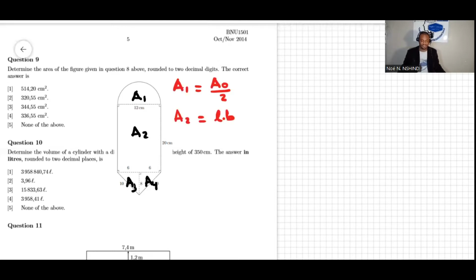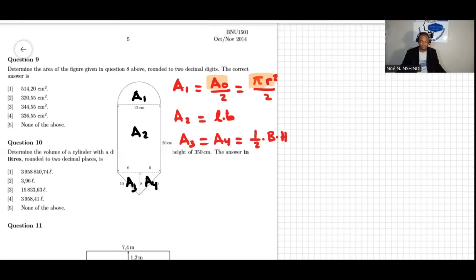And then area 3 is the same thing as area 4. Okay, these are equal to a half times base times height. And the area of the circle is given by pi r squared, divided by 2 because it's a semicircle.